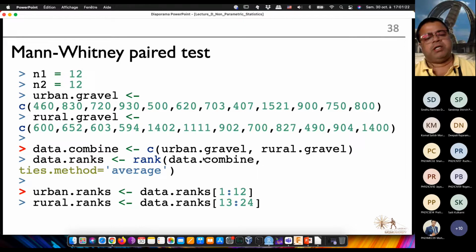And from there I have actually written one small code, और कुछ नहीं, ये urban के gravel के records थे, rural वाले gravel के records थे, ये combine किया data को और data को rank किया, और कुछ नहीं. I mean the same thing that we had done for ranking, we can do it in Excel also, and we can do it in R also.